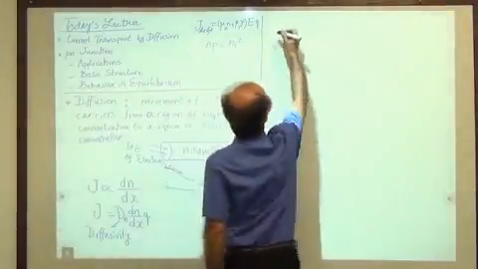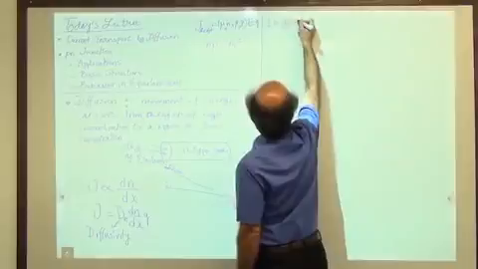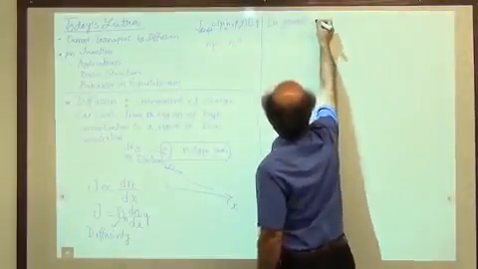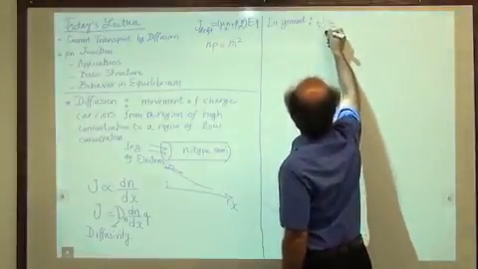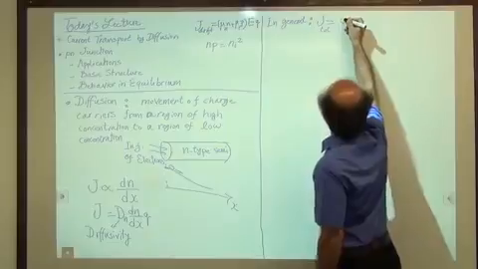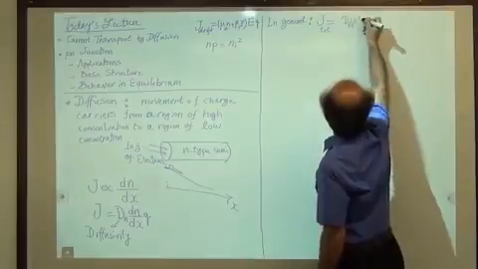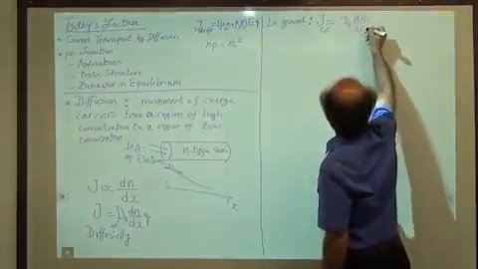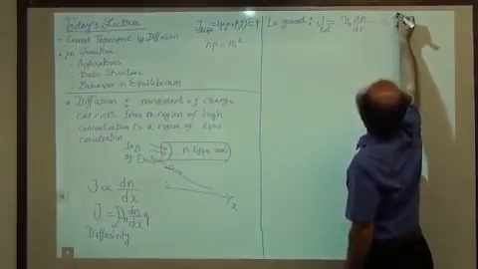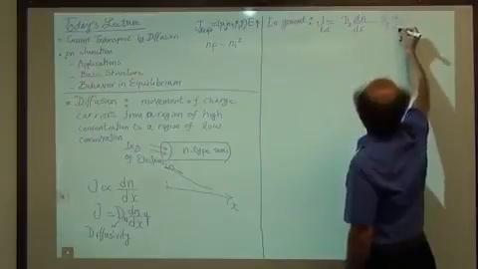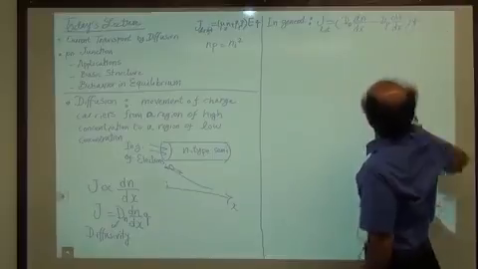So in general, if we have both electron concentration gradients and hole concentration gradients, the total current density is given by, starting from electrons, D sub n times the derivative of n with respect to x, minus D sub p times the derivative of p with respect to x, and then the whole thing multiplied by the electron charge.